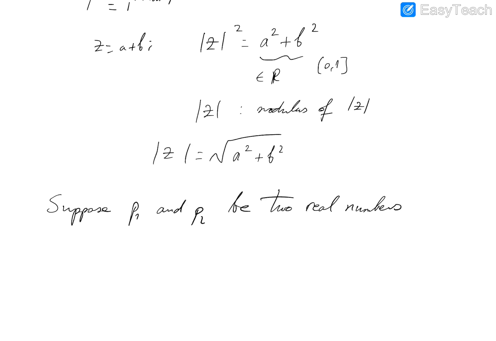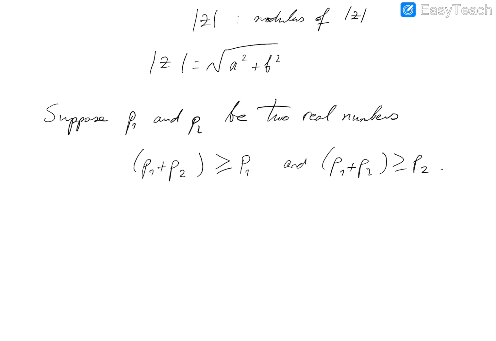Now, since they are real numbers, necessarily P1 plus P2 is larger than or equal to P1, or P2 for that matter, right? But if C1 and C2 were complex numbers, then we don't necessarily have this property.